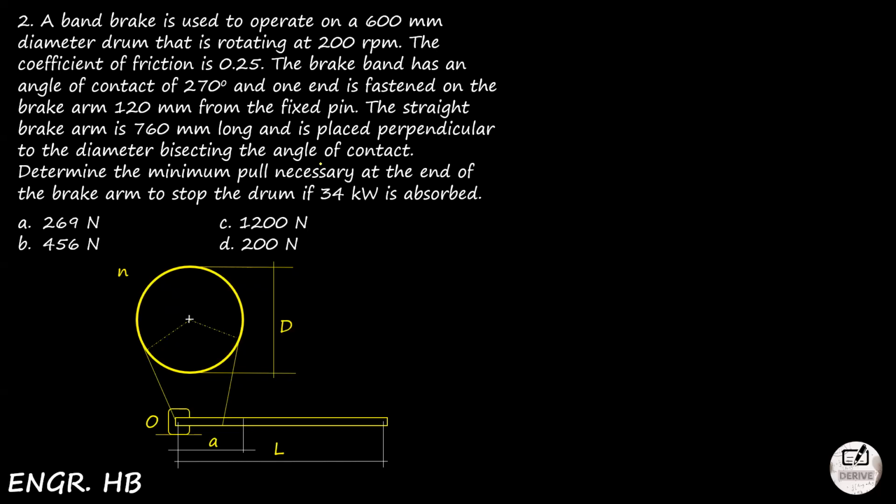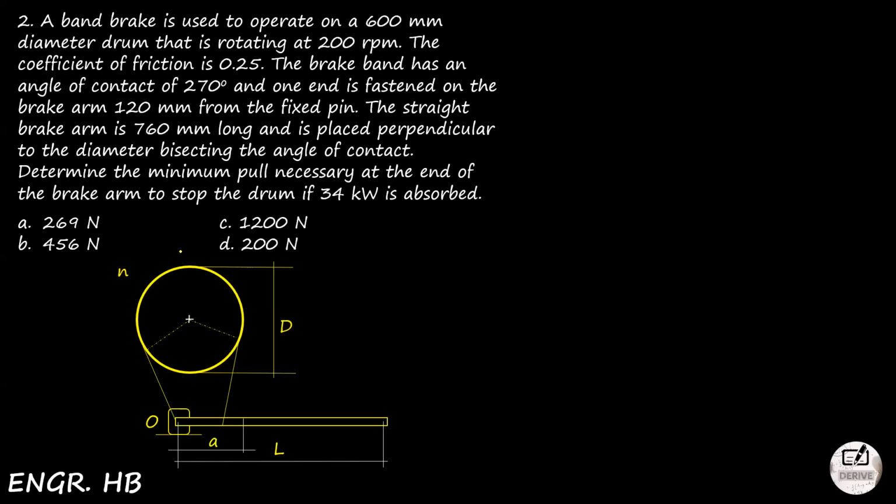The straight brake arm is 760 millimeters long and is placed perpendicular to the diameter, bisecting the angle of contact. Determine the minimum pull necessary at the end of the brake arm to stop the drum if 34 kilowatts is absorbed. Okay, so how are we going to do this?